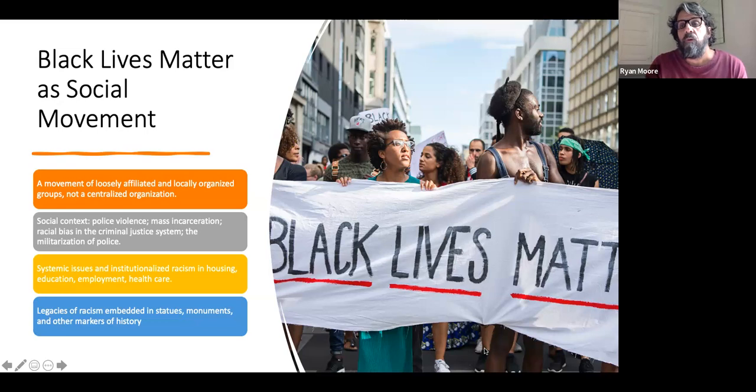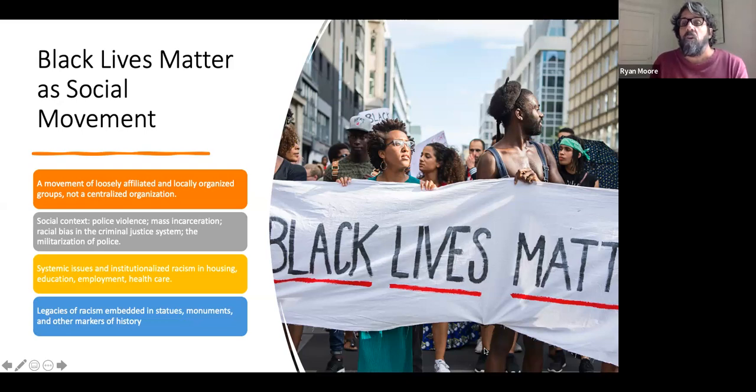This is important to emphasize: there is a national Black Lives Matter organization, but really when we talk about Black Lives Matter as a social movement, it's very decentralized, local affiliations that have a loose connection, but really are more locally decentralized. It really depends on what's going on in your particular community.